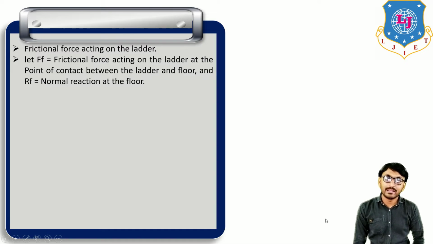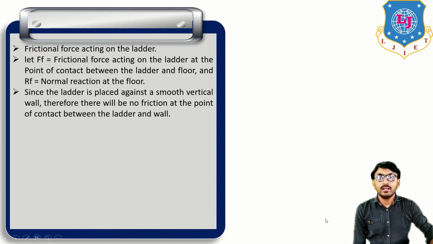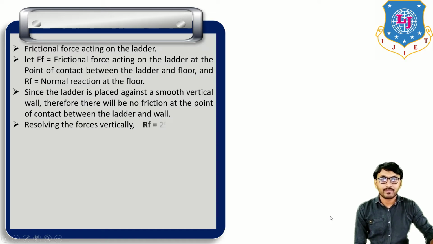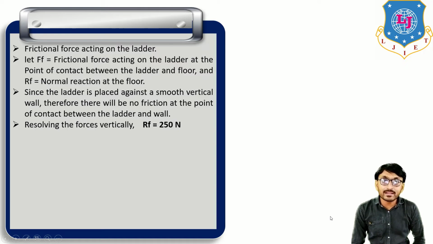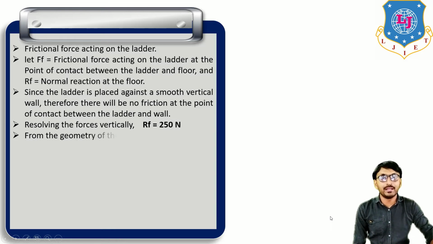Since the ladder is placed against a smooth vertical wall, there is no friction at the point of contact between ladder and wall. Resolve the forces vertically. Vertically there are two forces, RF vertically upward and weight vertically downward. So RF is equal to 250 Newton.